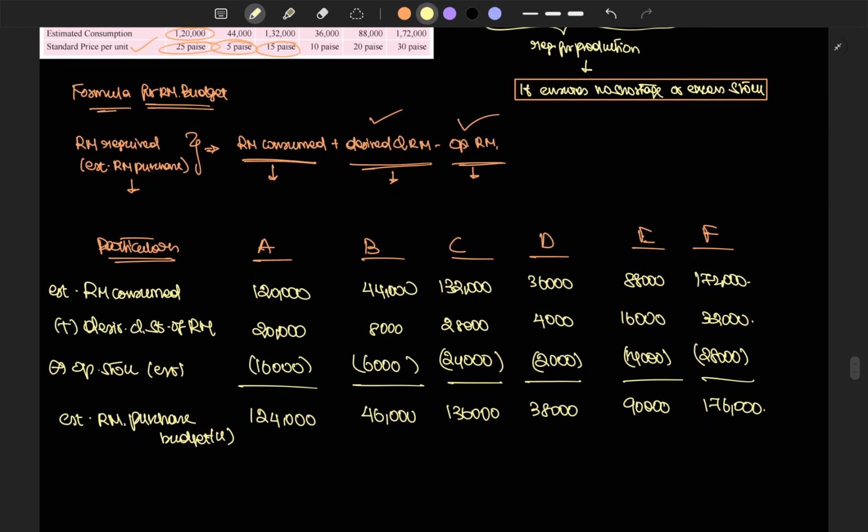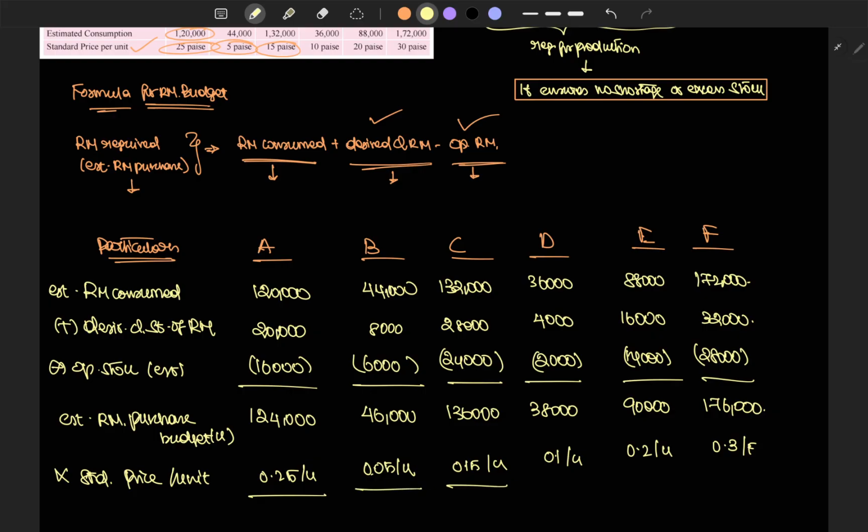What's the standard price predetermined by the organization? It is 0.25 rupee per unit for RMA, and 0.05 rupee per unit of RMB, and 15 paise for RMC, and then 10 paise for RMD, and then 20 paise for RME and 30 paise for RMF.